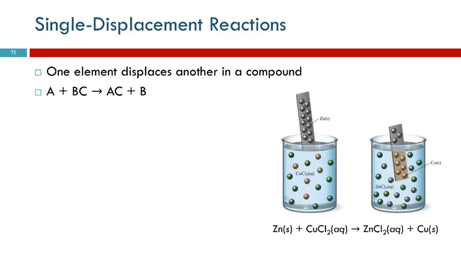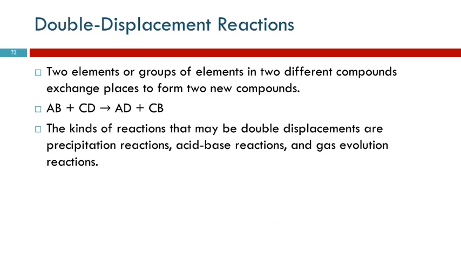Single displacement, you have one element displacing another. So here, zinc is kicking copper out of this compound. So zinc leaves with chlorine and copper goes home by himself. Double displacement, you have two elements or groups of elements in two different compounds that are switching places. So A and C are changing places.